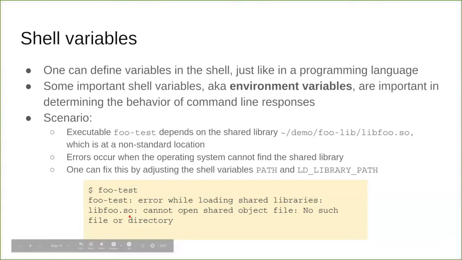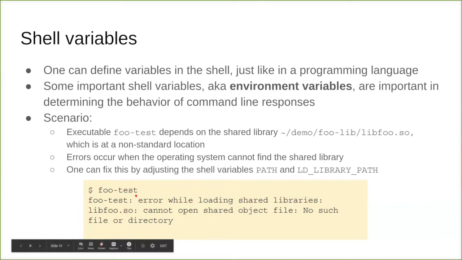For example, as we will see in the next demo, when you run this executable, which is a dummy program, very simple, just a few lines of code to demonstrate the point, but the same point applies to real application packages, you run the program and it doesn't work, and there's an error message about loading the shared libraries. It basically tells you that the file is not found, and the program cannot continue.